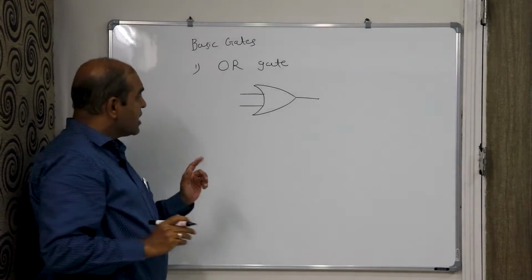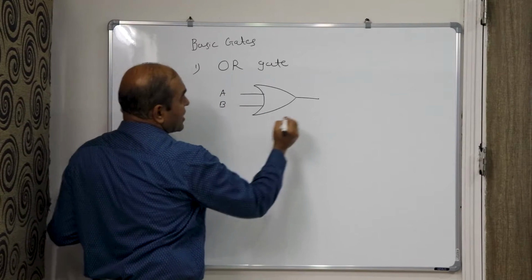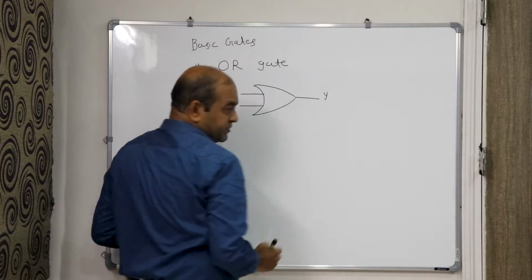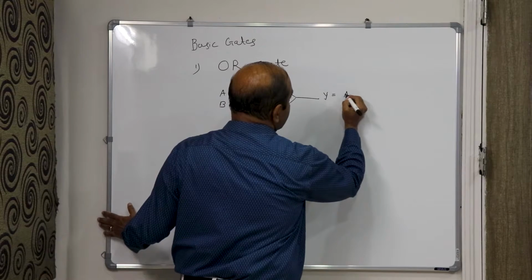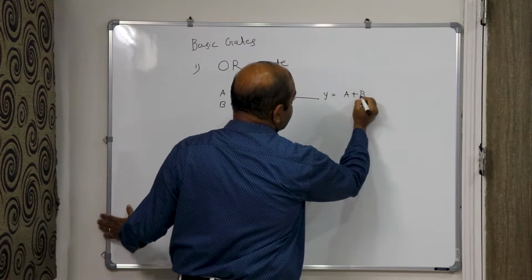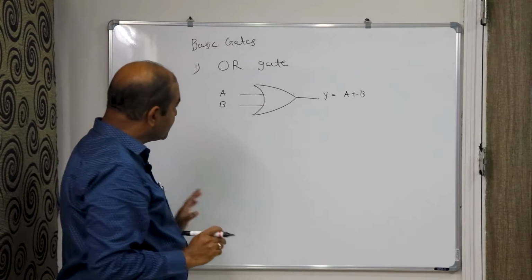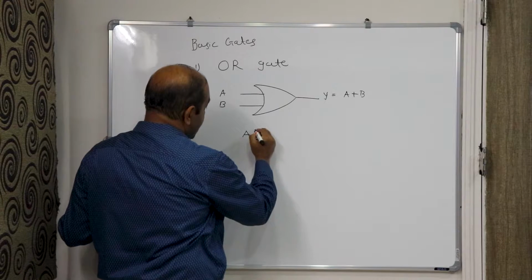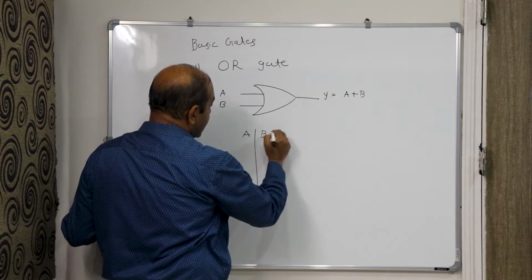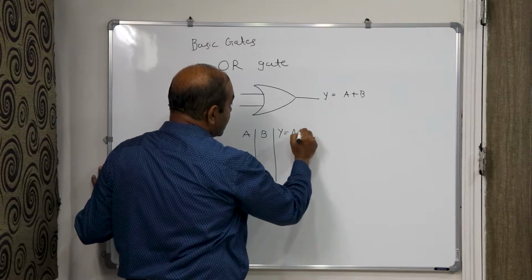Suppose A and B are the two inputs and Y is the output, then Y equals to A plus B, because I have told you, it's a function of summation. Now its truth table is like this: A, B and Y equals to A plus B.